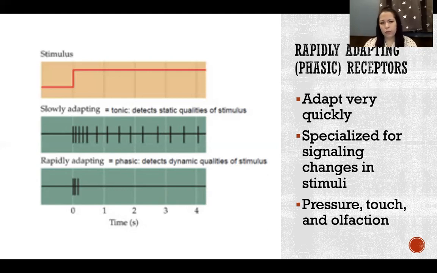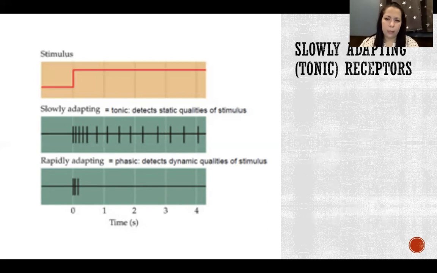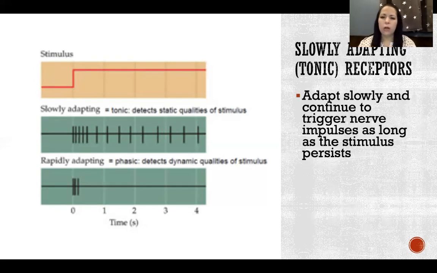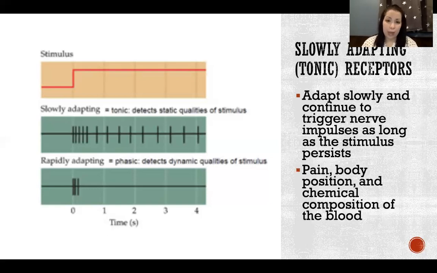Now, slowly adapting receptors, also called tonic receptors, are what we're seeing in that top green box underneath where we see the stimulus. Those are sensors that are very, very slow to adapt or maybe don't adapt at all. They adapt slowly and continue to trigger nerve impulses as long as the stimulus persists. Examples of that would be pain, and especially body position.